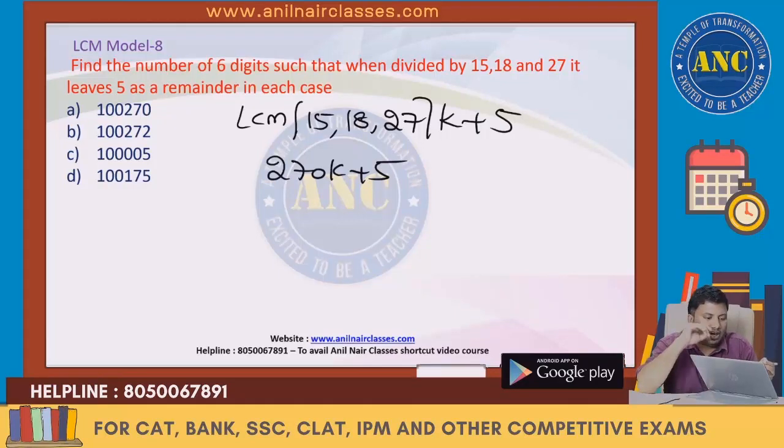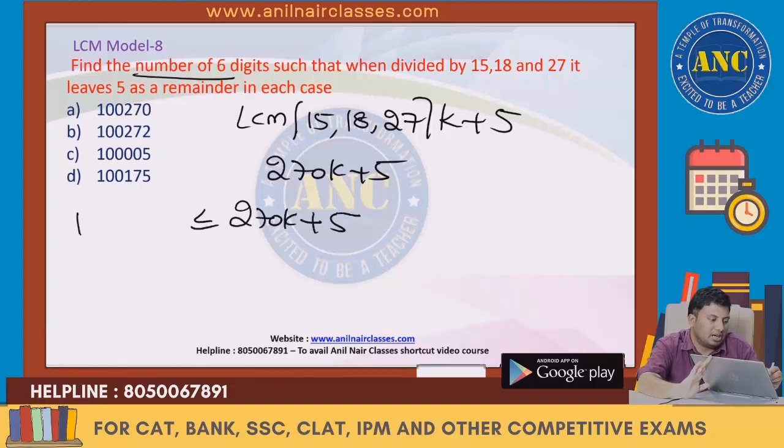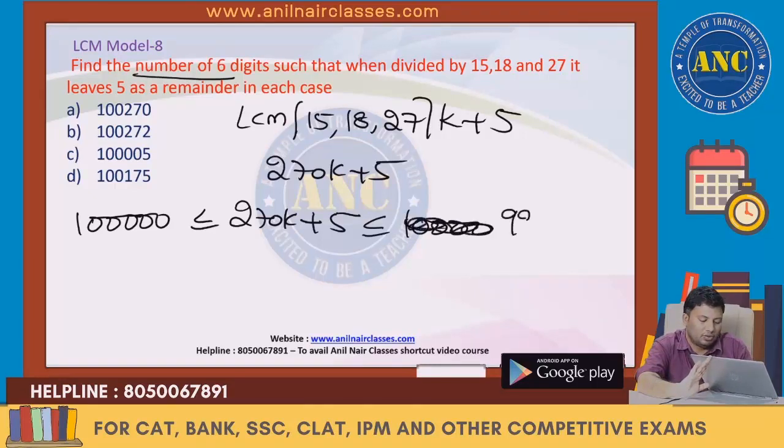Find the number of 6 digits. Number of 6 digits. So 270k plus 5 is greater than or equal to 1 followed by 5 zeros, and less than or equal to 6 nines. Are you all with me? Number of 6 digits.